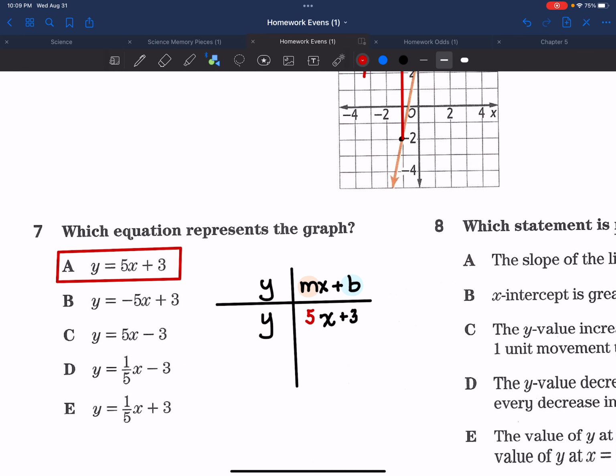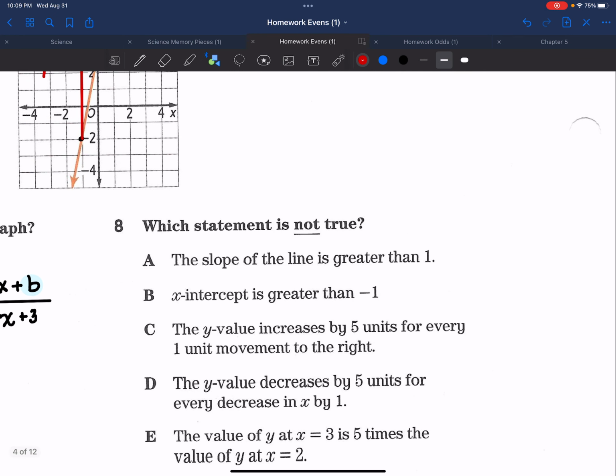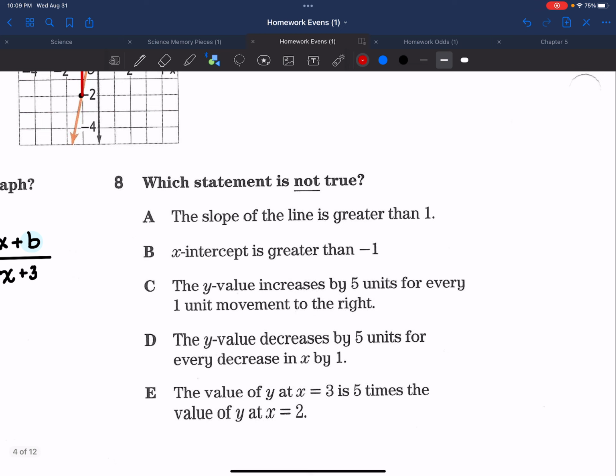And then finally, we have number 8. Which statement is not true? The slope of the line is greater than 1. Remember, the slope is 5, so this is a true statement.